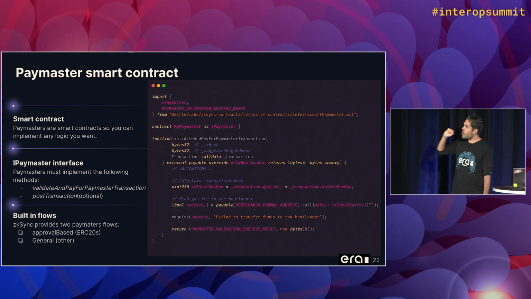So if what you want to do in your Paymaster is to allow users to pay fees with an ERC20, you will have to use this approval-based flow. And what it will do is run the approved spending from the ERC20 behind the scenes for you. So the user won't have to first approve, and then you spend the tokens. The built-in flow will do it for you. So for the user, it will be a single transaction.